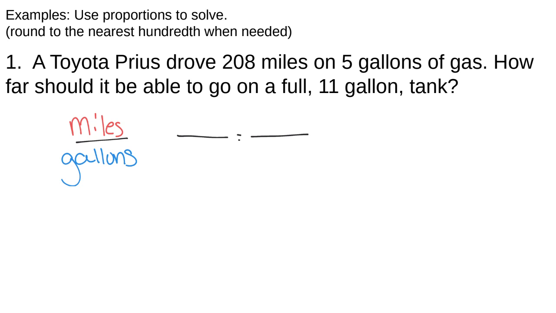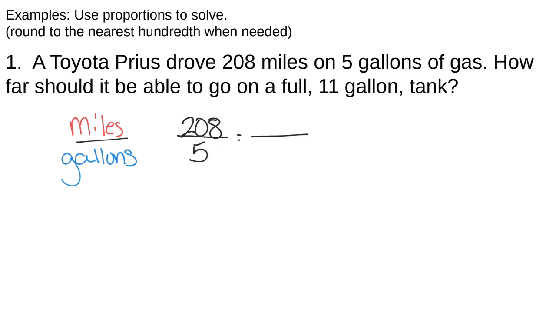Since miles is on top in my setup, I'm going to put the miles on top over here. And his buddy, the gallons that go with him in his ratio, is 5. So again, we're using this information, 208 miles and 5 gallons of gas, to set up our first ratio.